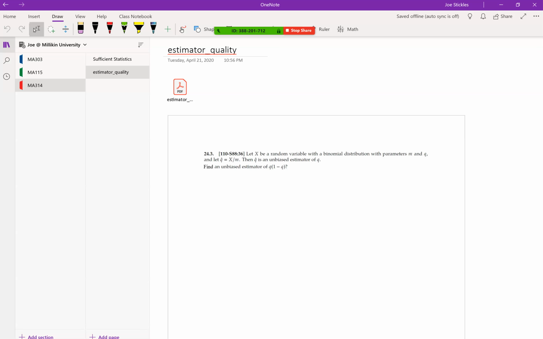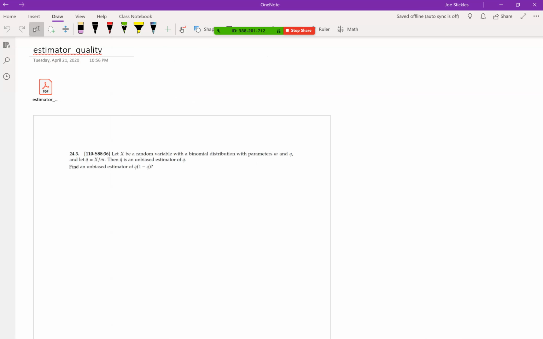We will come back to the sufficient statistic idea. Again, the reason why we care about the sufficiency aspect of things is so that we know that we've taken every bit of information that we can from the sample that we have to give us information about the parameter we're trying to estimate.